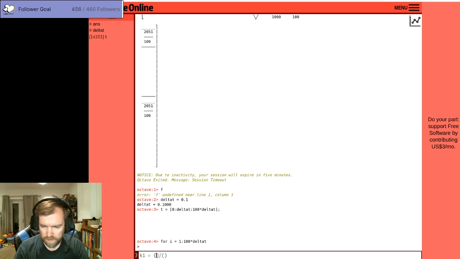We want this to be 4 minus t of i, the current value, multiplied by y, the current value, over 1 plus y of i squared. Okay.